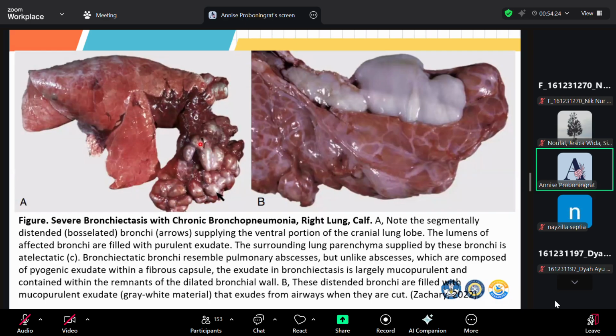Here is the bronchus that has accumulation of pus or purulent exudate in the lumen, so it makes the bronchial wall dilated and thin. And if we do an incision in this area, the pus or the purulent exudate can be shown here.